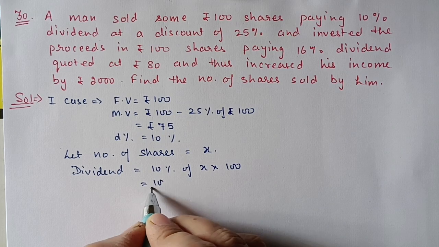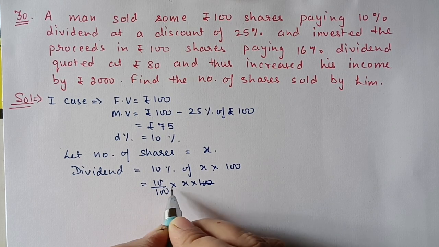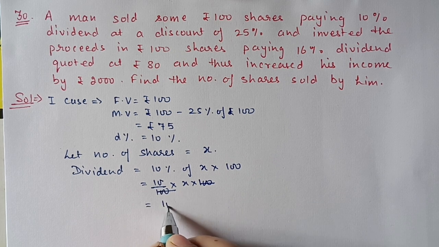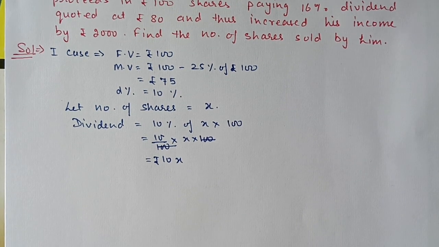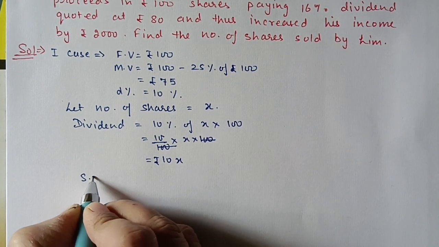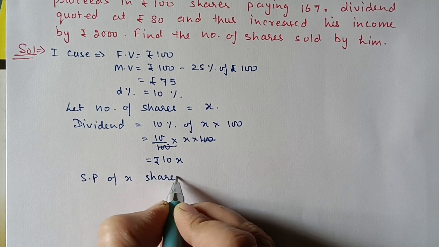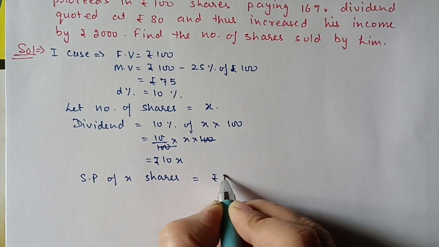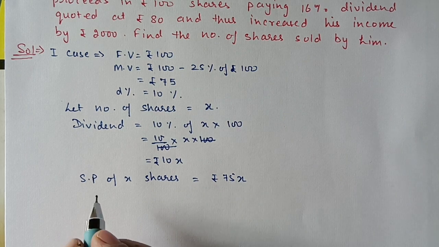So 10 by 100 into X into 100. The 100 will cancel out, so the dividend here we will get is 10X rupees. And if we sell these shares, then the selling price for X shares will be: 75 is the market price and the number of shares is X, so 75X.